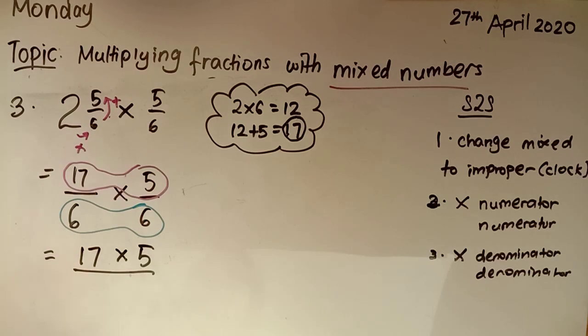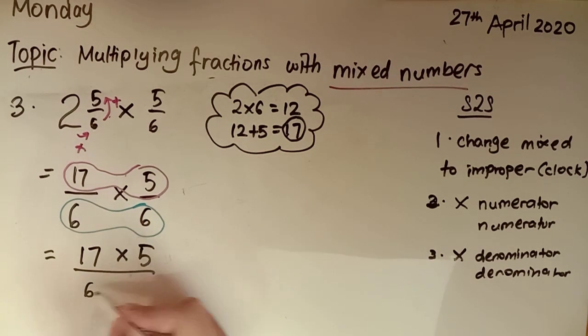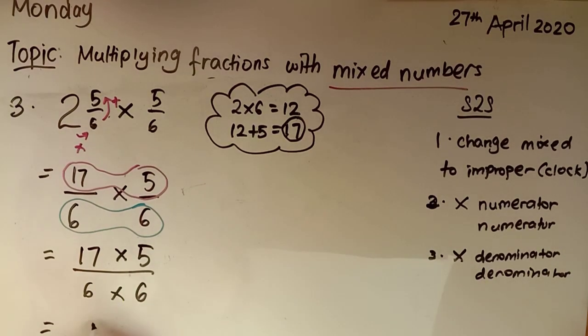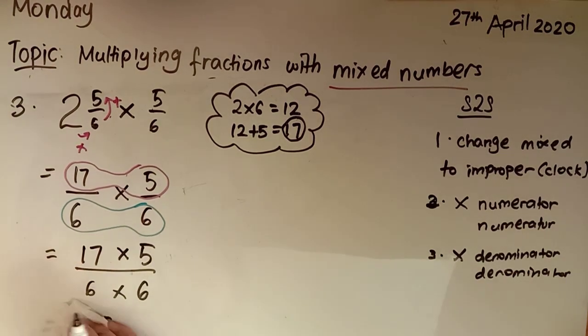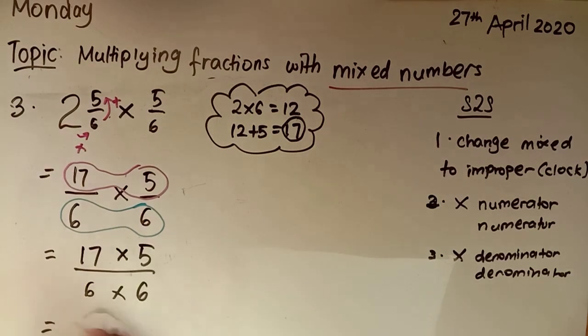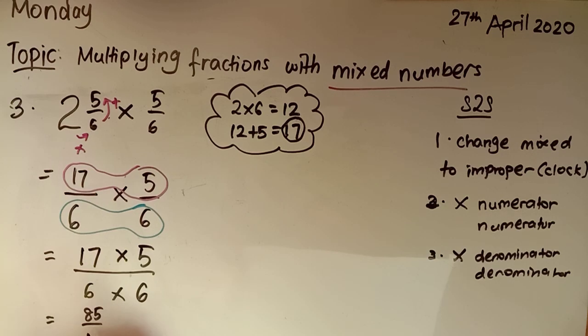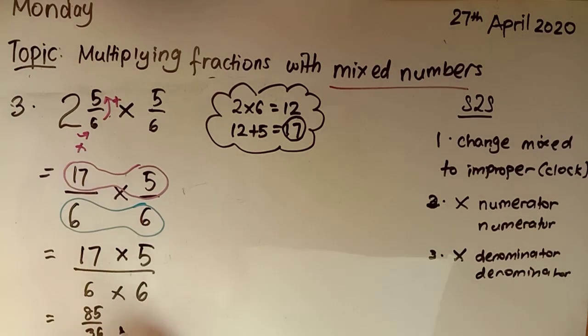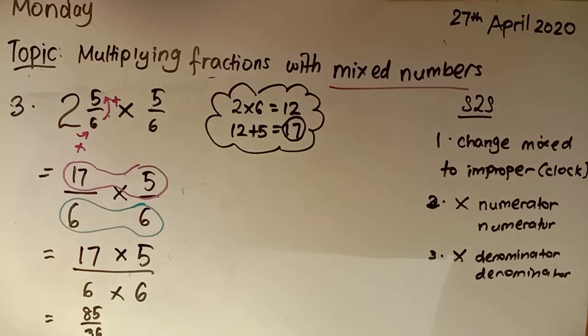So you have 6 times 6. Okay, what is 17 times 5? From my calculation, it's 85 over, what is 6 times 6? What is 6 times 6? 36. Okay? Then check if you can simplify or not. This one.